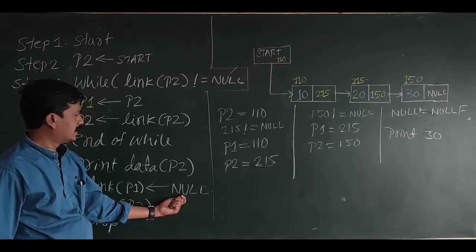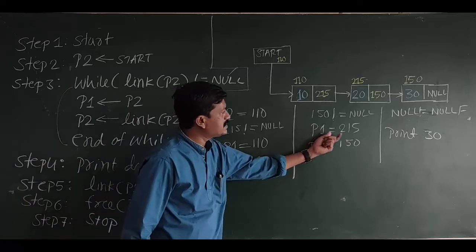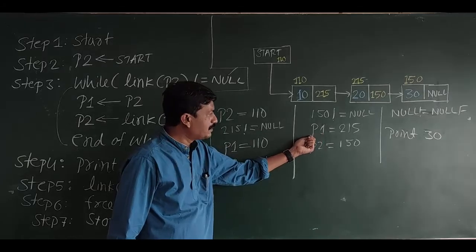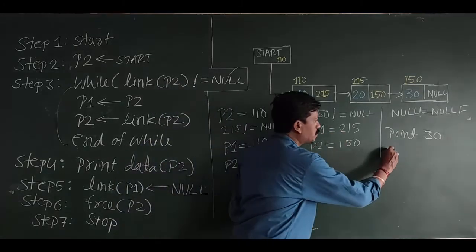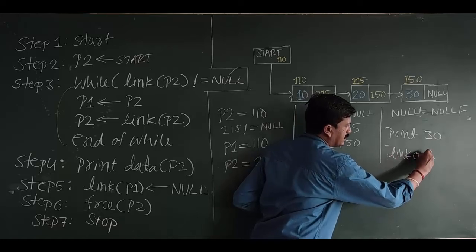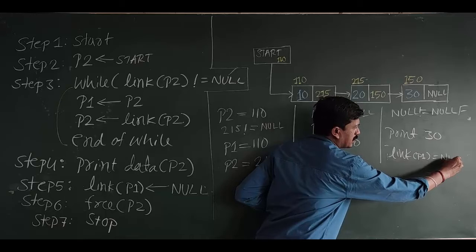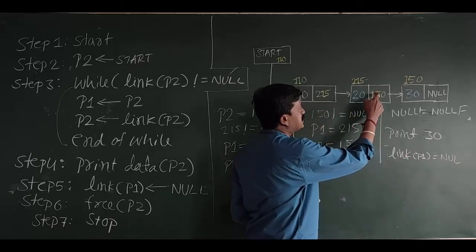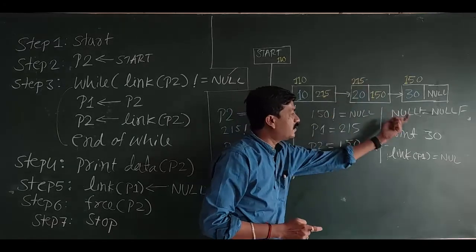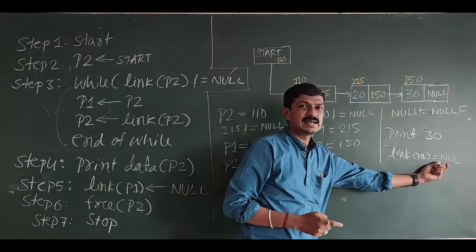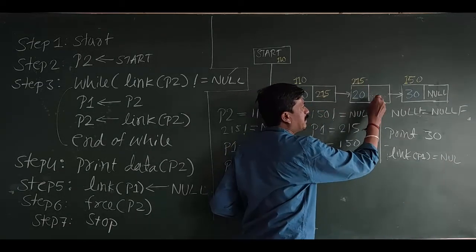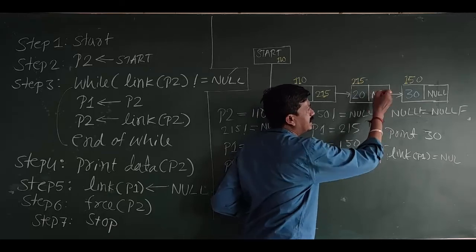P1 is 215, the last change we have made. Now the P1 value is 215, and link of P1 equal to null. For the link part of 215, I need to assign a null value, which means for the previous node 215, I add a null value.